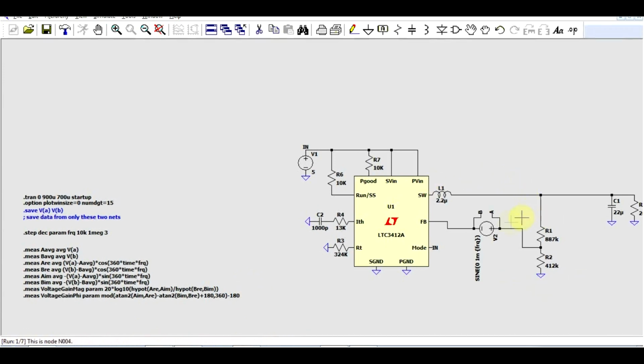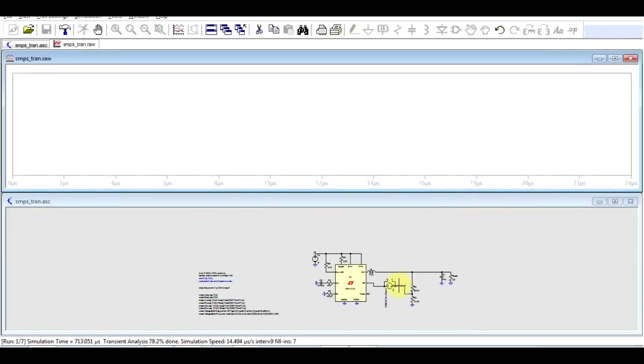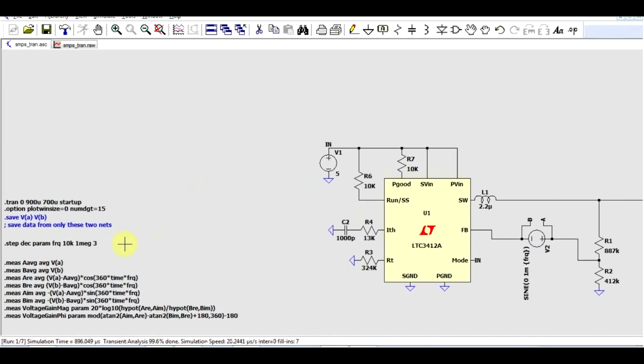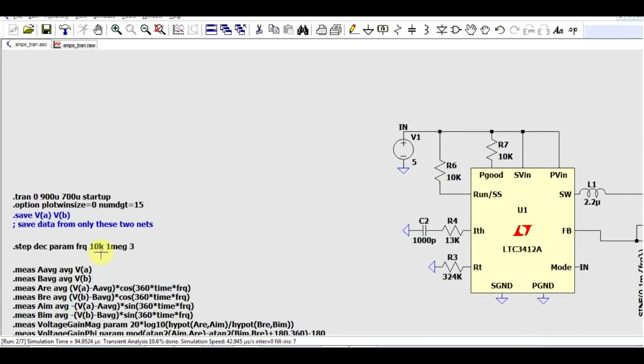And we've broken the feedback loop by inserting this voltage source into it, in which we will insert, let me just full screen this, a 1 millivolt AC signal at various frequencies. Now the frequencies are varied from 10 kHz to 1 MHz in a decadic fashion by simulating 3 frequencies per decade, and that gives us a total of 7 frequencies to simulate.